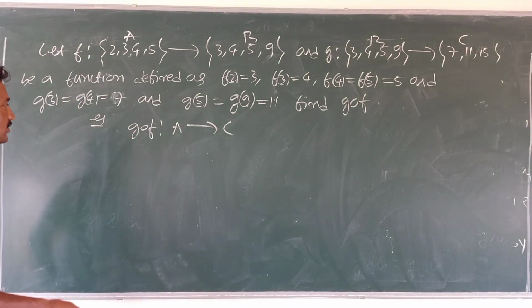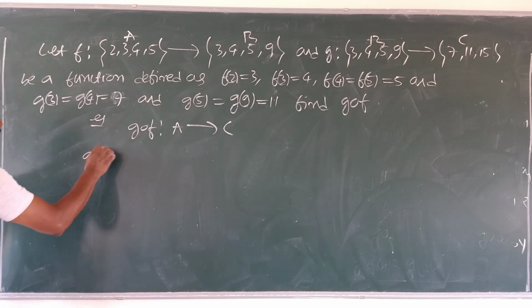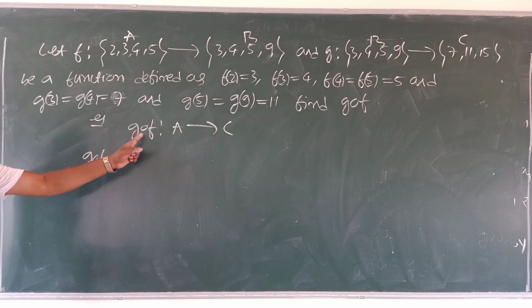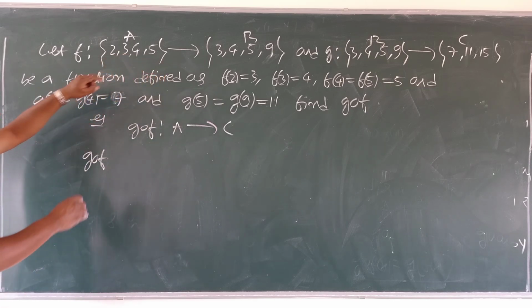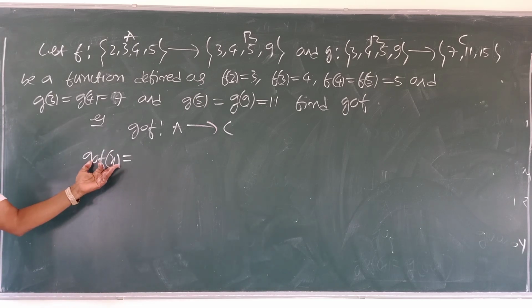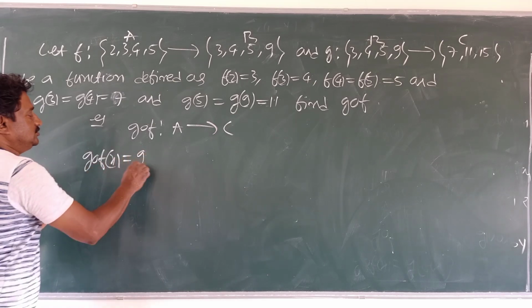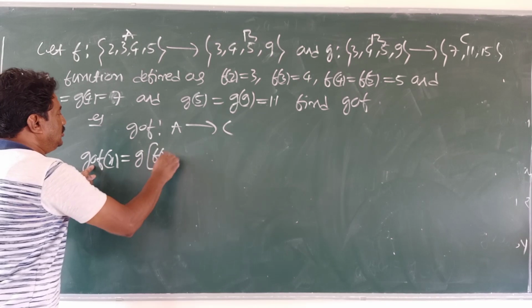Now let us calculate g o f. g o f relates elements of A with C. (g o f)(x) means g into f(x). Just before I told you, circle means into.